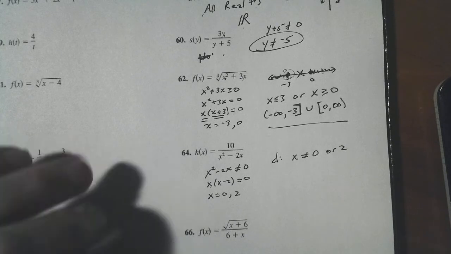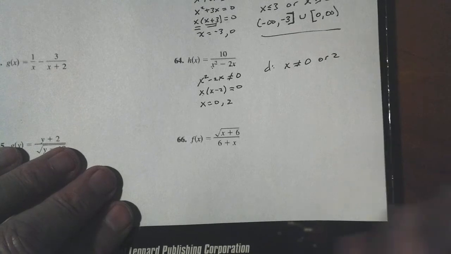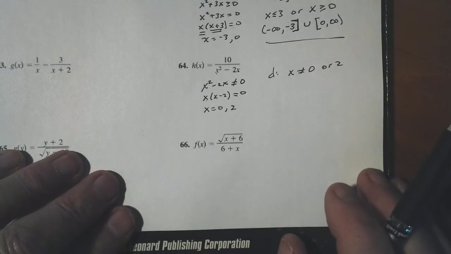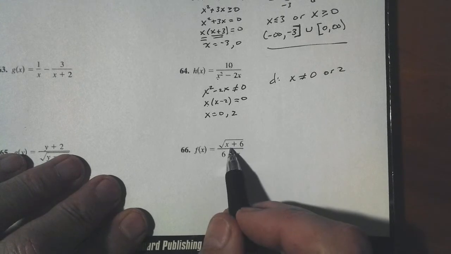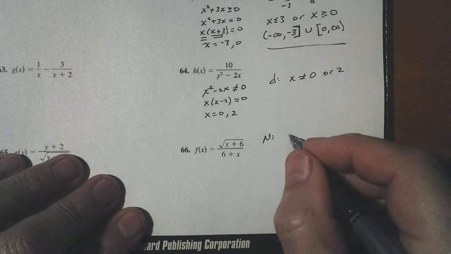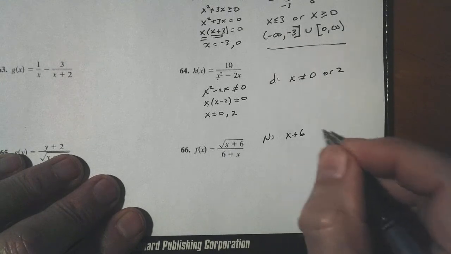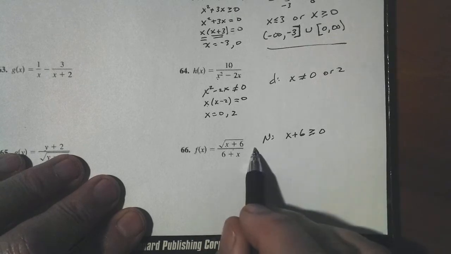There's ways to do that with interval notation, but typically we'll do that when we actually have intervals, not just specific little values. Okay, and this one, 66, raises the ante a little bit too, because we got a couple things to consider. First off, for our numerator, x plus 6 has to be at least 0.